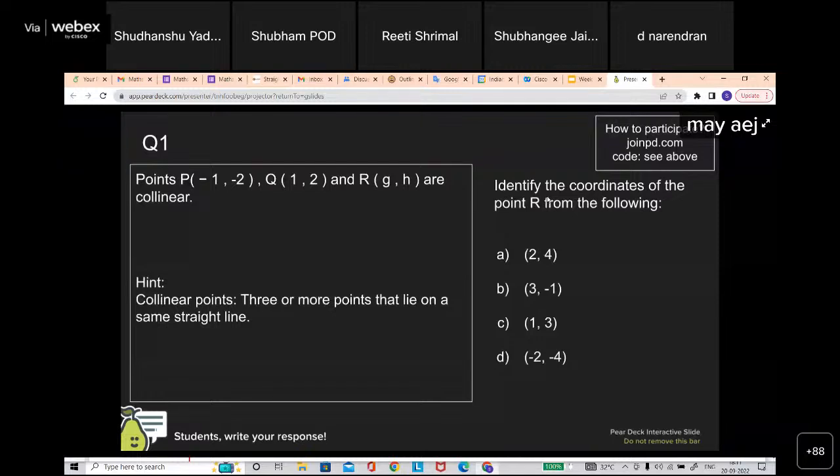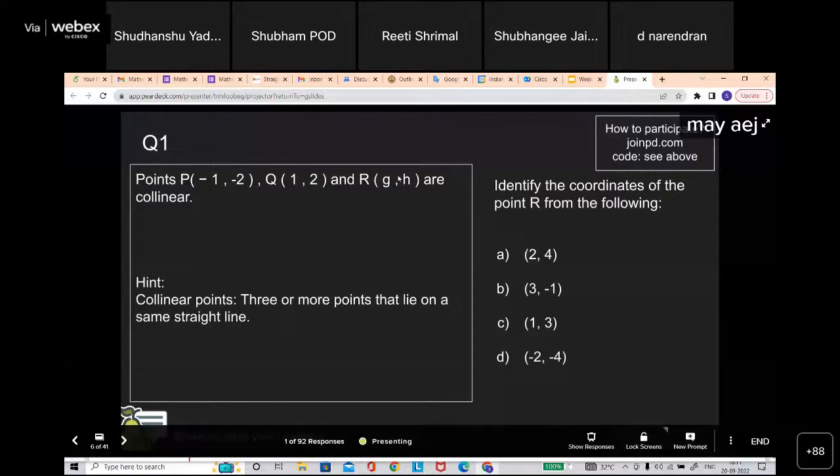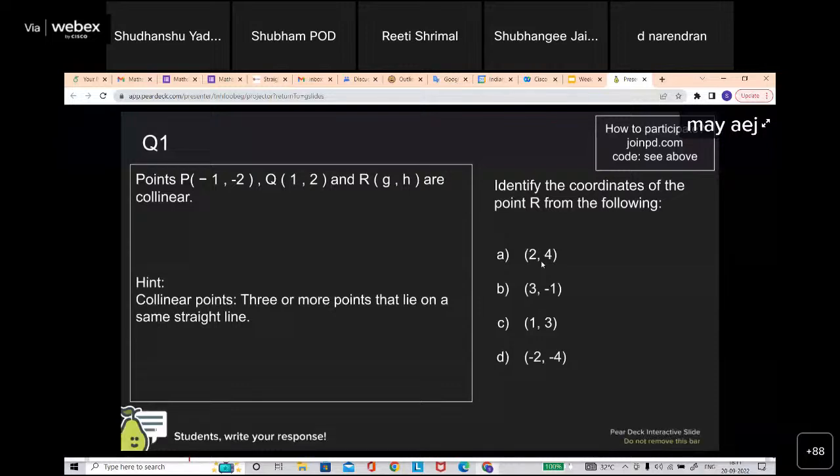So R is a dummy; you need to answer which point is going to be R. The hint is given here. Collinear points: three or more points that lie on the same straight line, then we say the points are collinear.